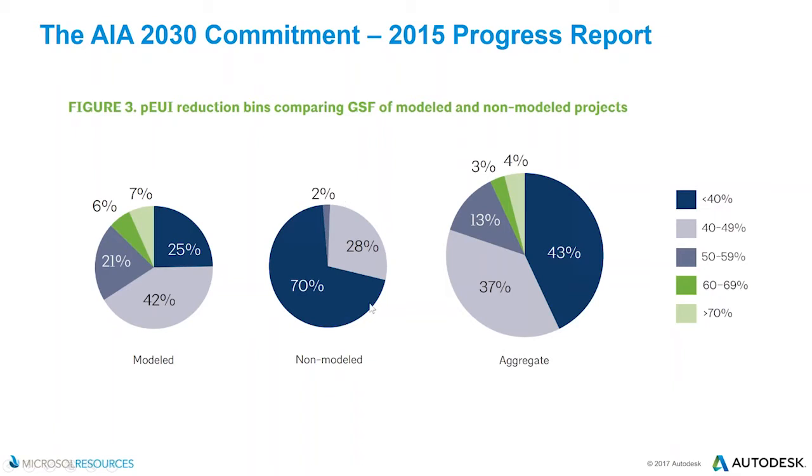They recognize that you absolutely have to be doing energy modeling early and often to have any chance of achieving those goals. And the vast majority of non-modeled projects are in the lower category. They're basically just around code compliance, not really doing anything further than compliance requires. But modeling is really key to achieving these higher levels of performance.